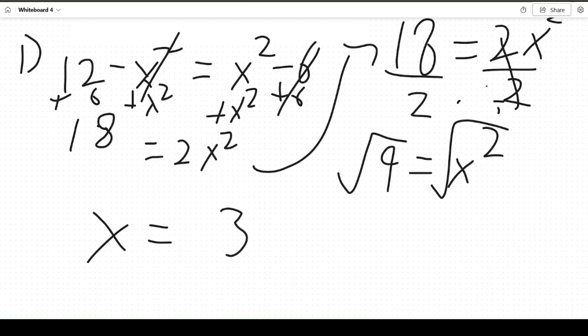But guys, we have to realize that when you square root a number, it's always going to be plus and negative. So x would be equal to plus or minus 3, and these are the two values for our limits.